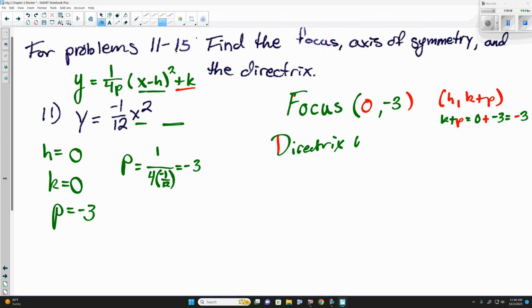The directrix for this problem here, it's y equals k minus p. Now we do need to calculate this. We can plug 0 in for k, negative 3 in for p, and 0 minus negative 3. The negative and negative make a plus, giving us 3.